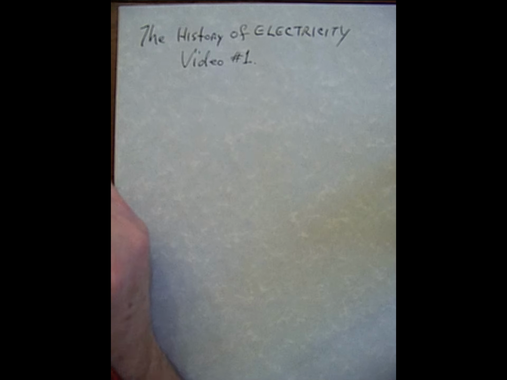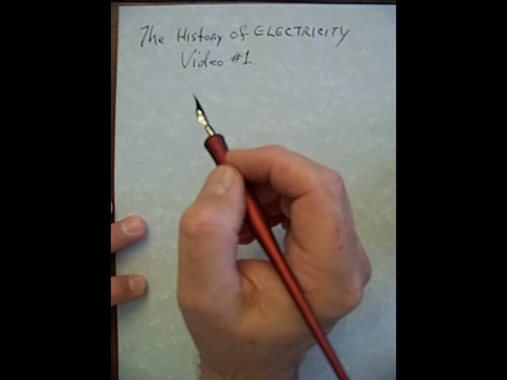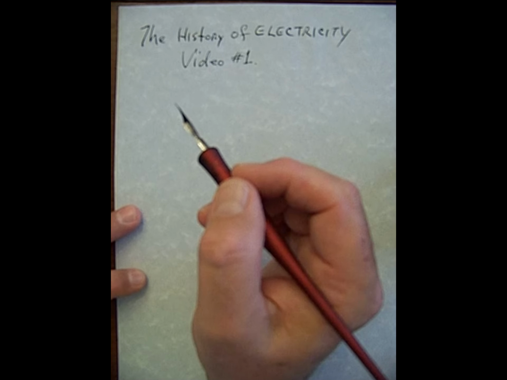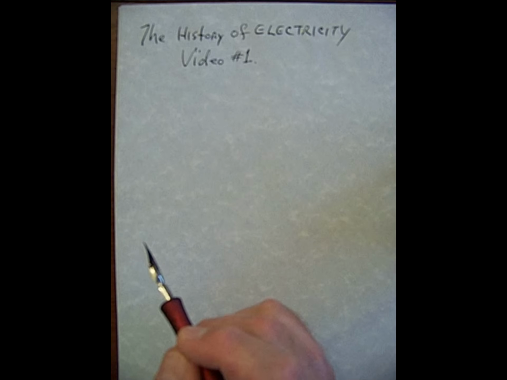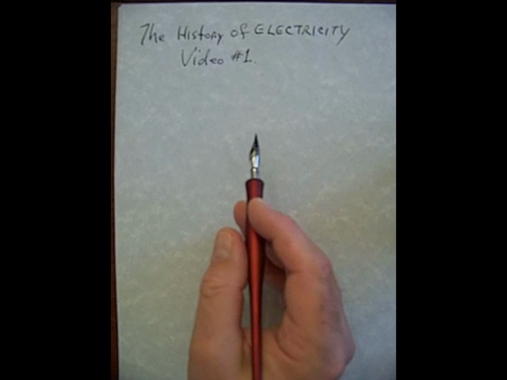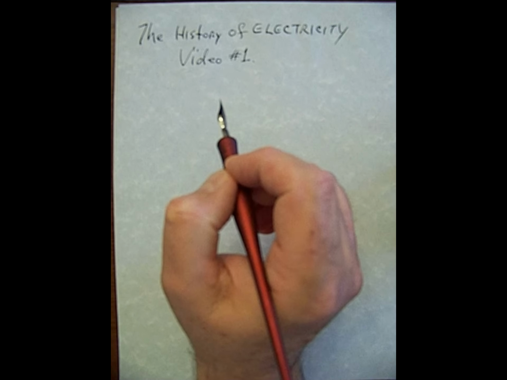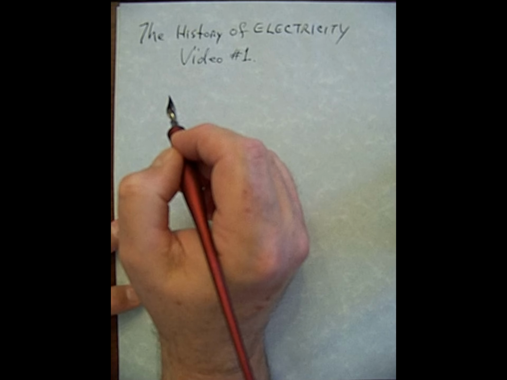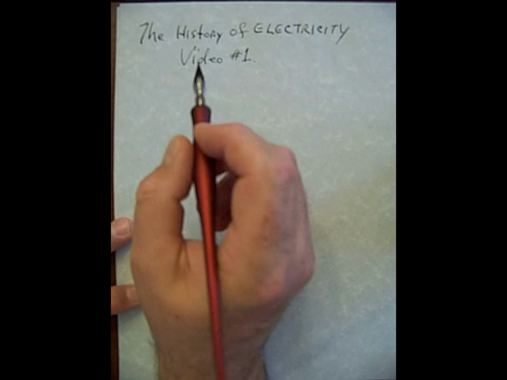Okay, so if our goal is to go through the history of electricity and derive electrical concepts and formulas, starting from basic concepts, basic principles, which is what I would like to do in this series of videos and also on my blog, then the first thing we need to do is to define some things.